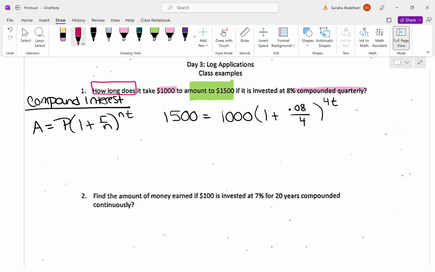Are we ready to go and solve this? Yeah. All right, so this is all calculator, so it shouldn't be that bad. We obviously need to solve for t, so I'm going to get the expression that has the t in it completely by itself. Where do you think I'm going to start here? Divide by 1,000.